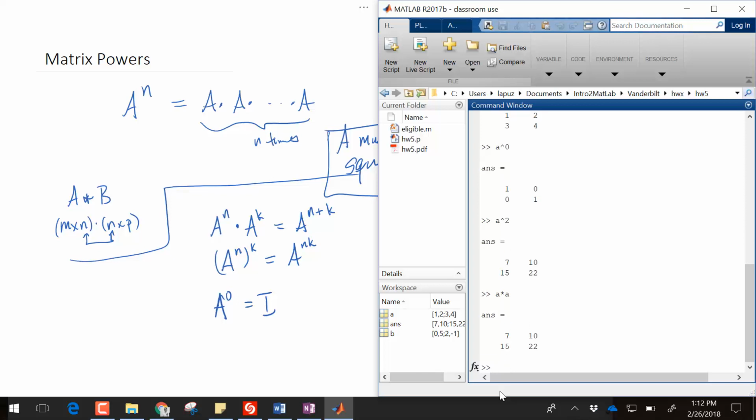And A raised to the third power is A times A times A. You get the same result. And if you have a non-square matrix, we don't even have to try it here. Just imagine a 2 by 3, multiplied with a 2 by 3. That's not going to work.